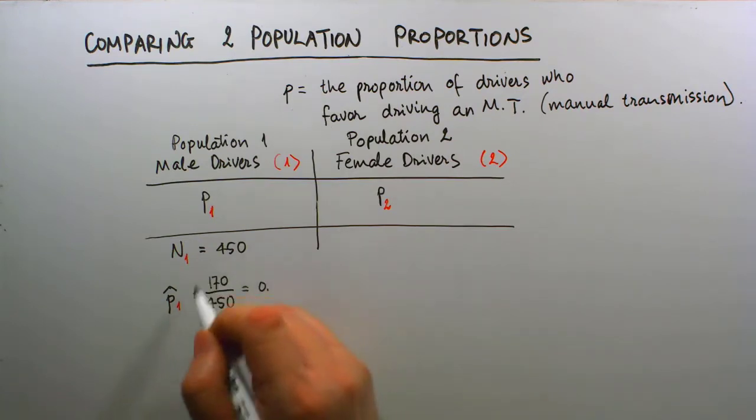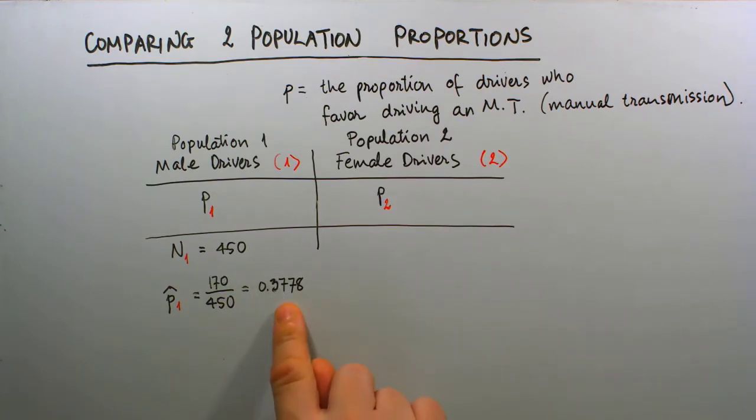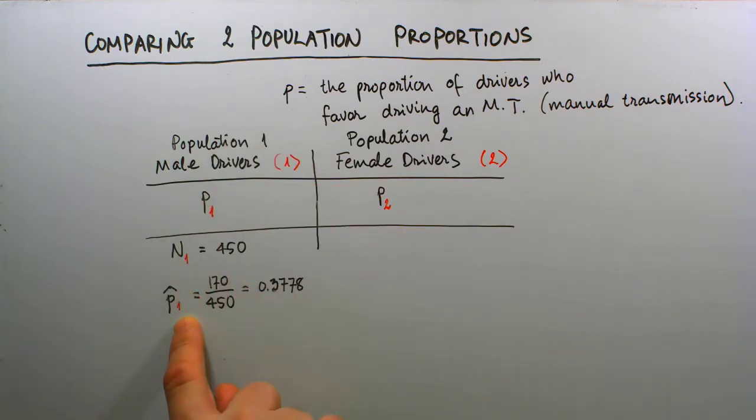So here 170 out of 450 is 0.3778. So this is our sample proportion, and since it came out of the sample we selected from population 1, it gets that subscript 1. So p hat 1 is our current value right here.